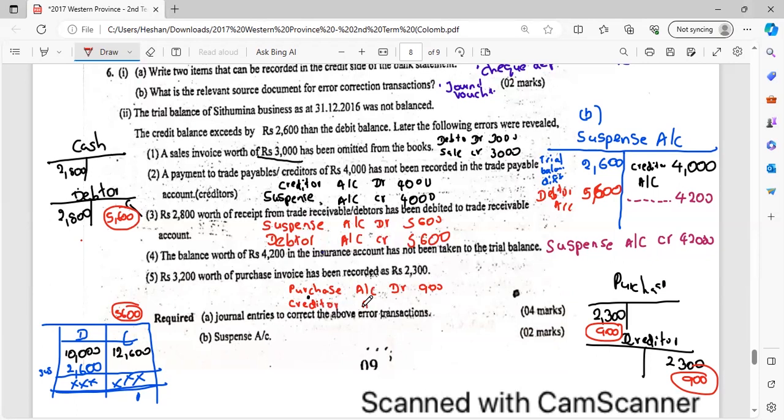Creditor account credit 900. You can write 3,200 worth of purchase invoice has been recorded 2,300 being corrected. So once we balance the suspense account, we can take the total. What is the total? 8,200. It's 8,200. Finish up to this point and raise your hands.